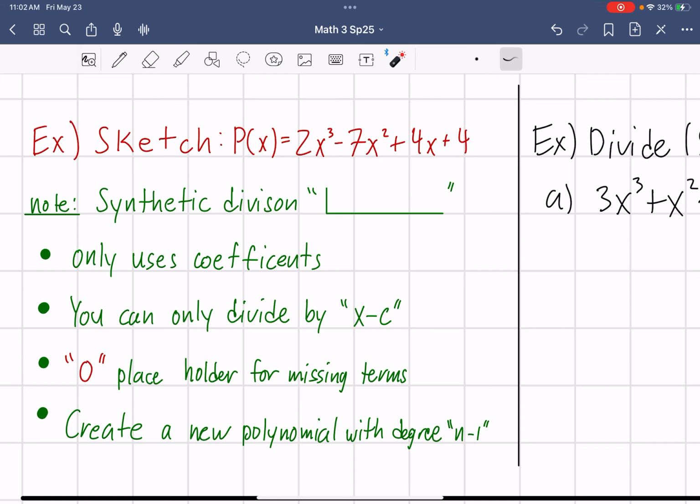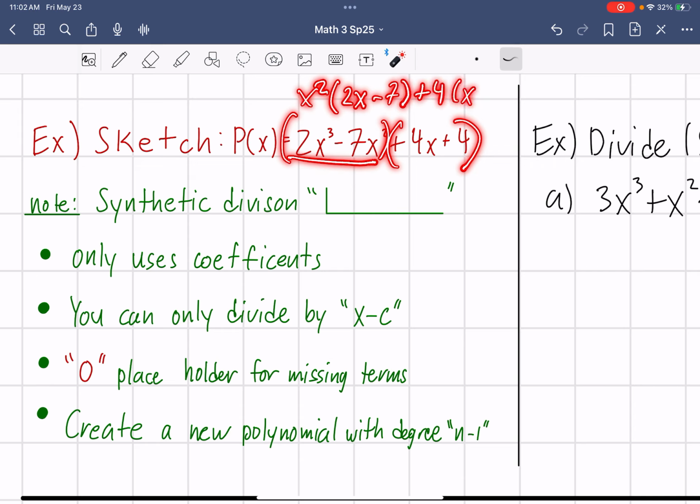This polynomial, there's no GCF. There are 4 terms, so we can try to factor by grouping. Even though here the GCF would be x squared, leaving us with 2x minus 7, and the GCF of the next two is a positive 4, leaving us with x plus 1. These two binomials do not match.